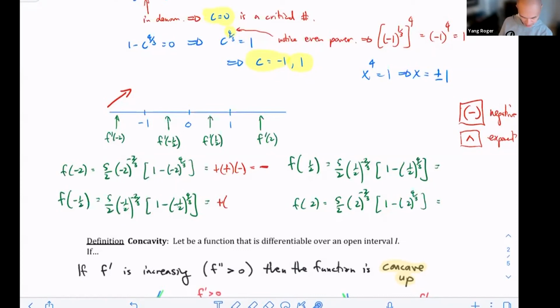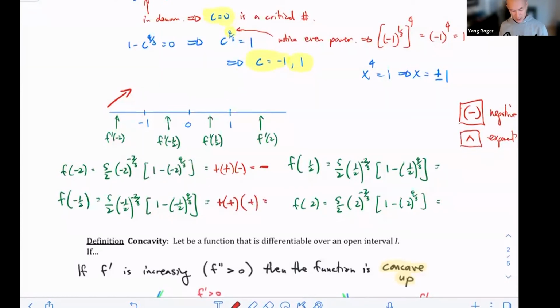So for this second part, it's going to be parentheses, -0.5, close parentheses, raised to the -2 divided by 3. This guy is also a positive number. And then the last part is 1 minus parentheses -0.5 raised to the 4/3 power, and I get a positive number, right?